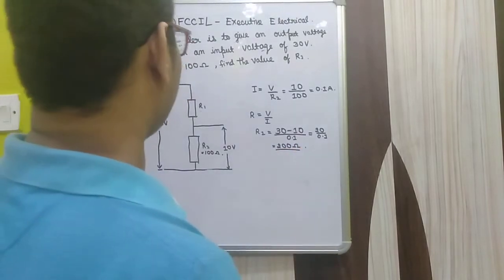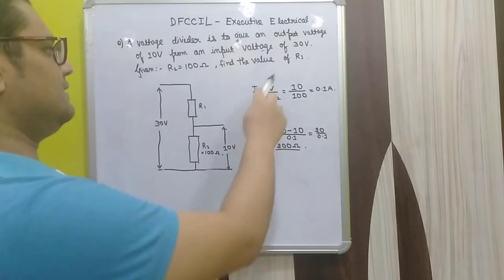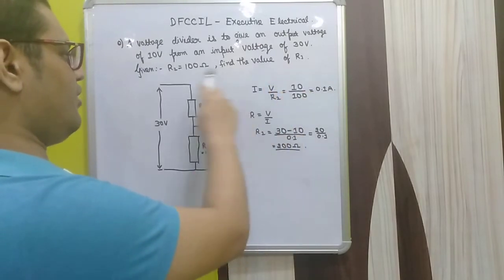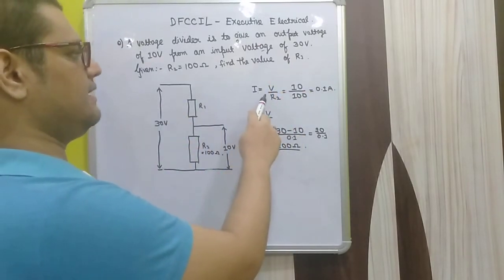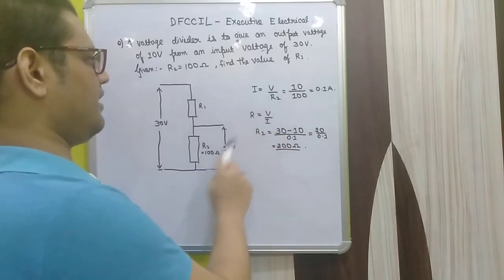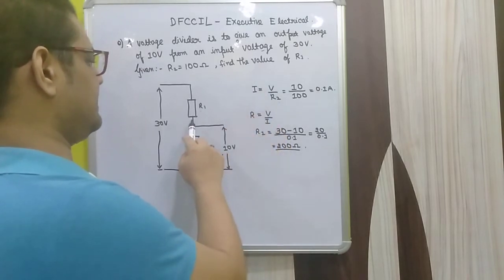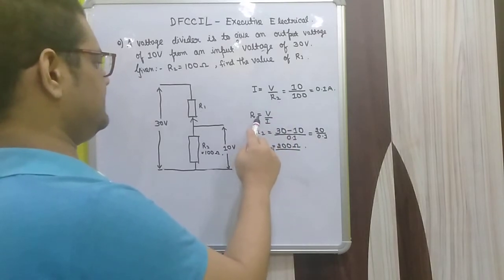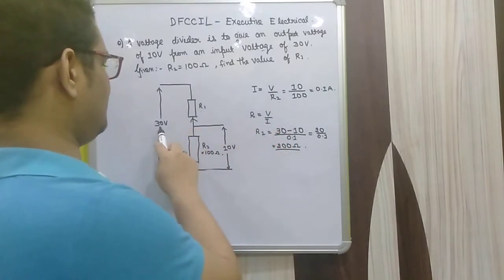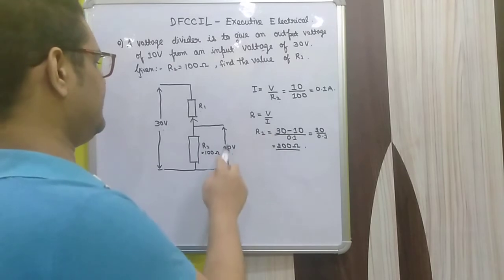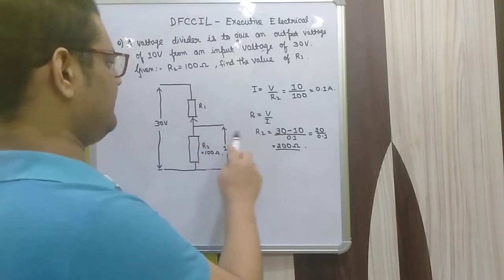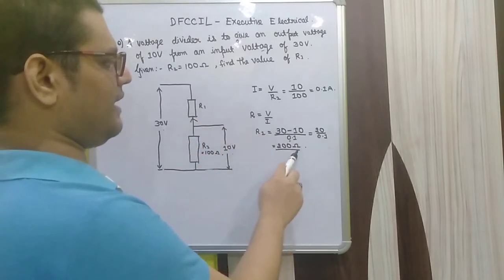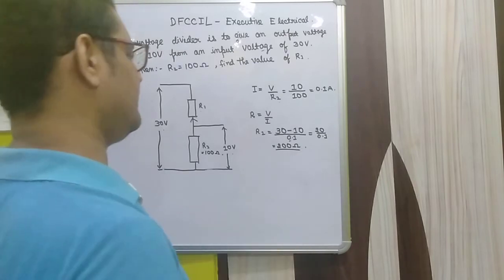I hope you have understood how I calculated the value of R1 from this circuit. We first took I is equal to V by R2 to calculate the current flowing in the circuit, and then we divided the voltage across R1, that is the input voltage minus the output voltage, by this current of 0.1 ampere, and finally we get the answer 200 ohm. I hope it is clear to you how we are calculating all the values.